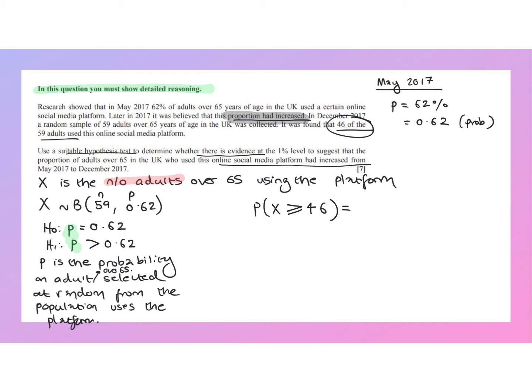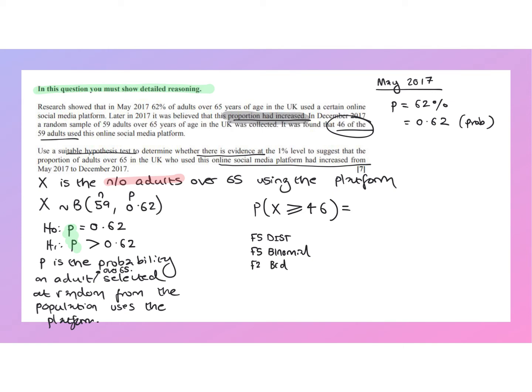Now, let's do the calculation. So on our graphical calculators, I would always do this in statistics mode. And you need F5, which is distribution. You then want binomial, which is again F5. And we then want binomial cumulative distribution, which is F2.